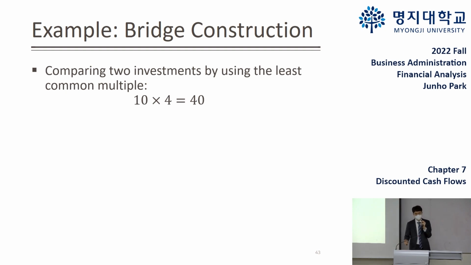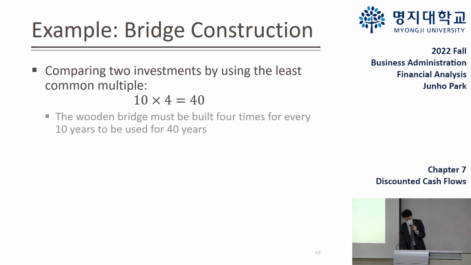It means for the wooden bridge that will last for 10 years, we have to build the bridge again and again so that it could be maintained for 40 years, the same as the steel bridge. And then by setting the length of the investment the same, we were able to compare them.